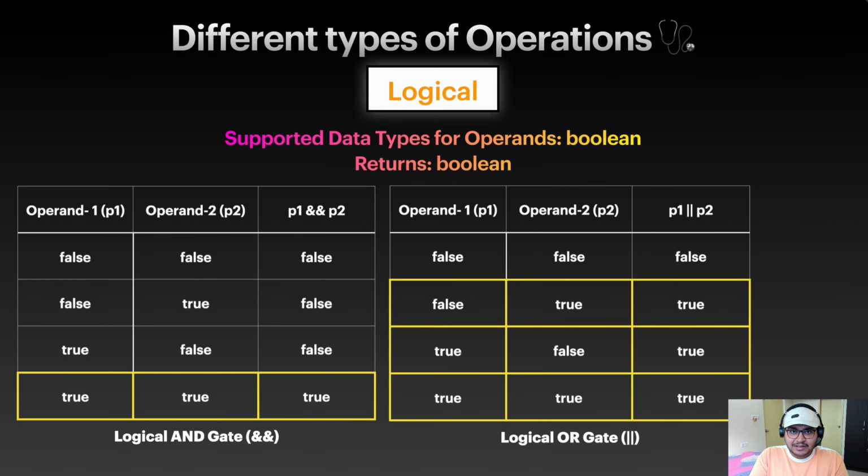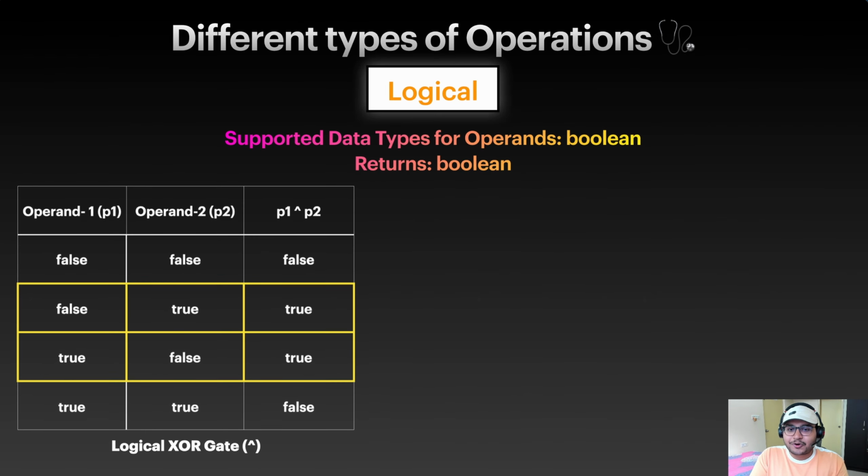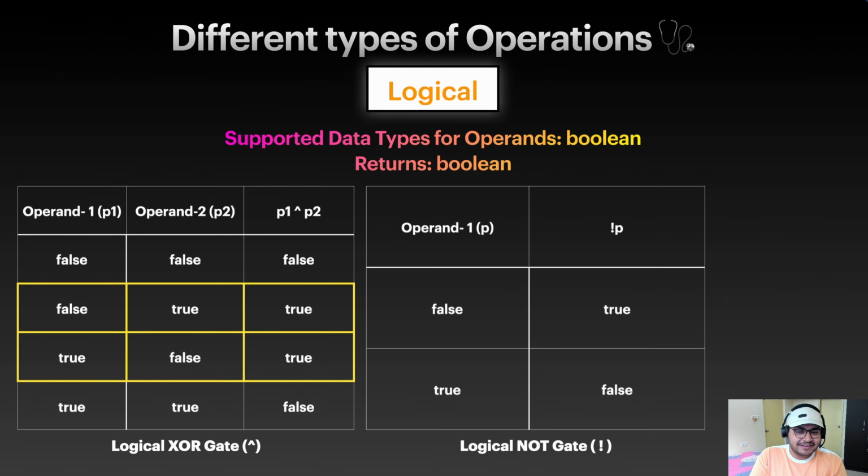Next is OR, which returns true if at least one of the operands is true. Following is the exclusive OR operator, which returns true if and only if the operands have different Boolean values from each other. So if one is true, then the other operand should be false for the overall result to be true. Lastly, the NOT operator is used for negation or flipping the Boolean values. So true becomes false and false becomes true.